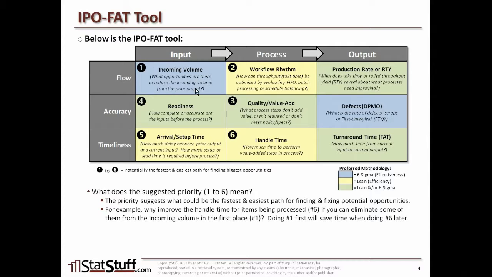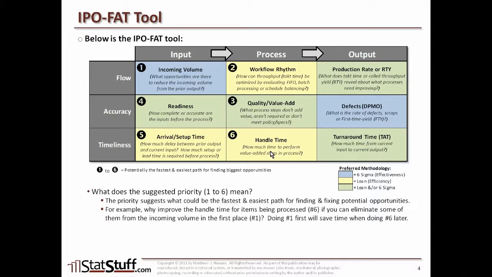If we can identify those up front, then by attacking this first, that means whatever volume we're getting as an input is stuff that we should be working. It's ideal things that we're supposed to be working. Now that we have the ideal things that we need to be working, then at the end is when we can spend time on trying to improve the handle time for those things that we're working.